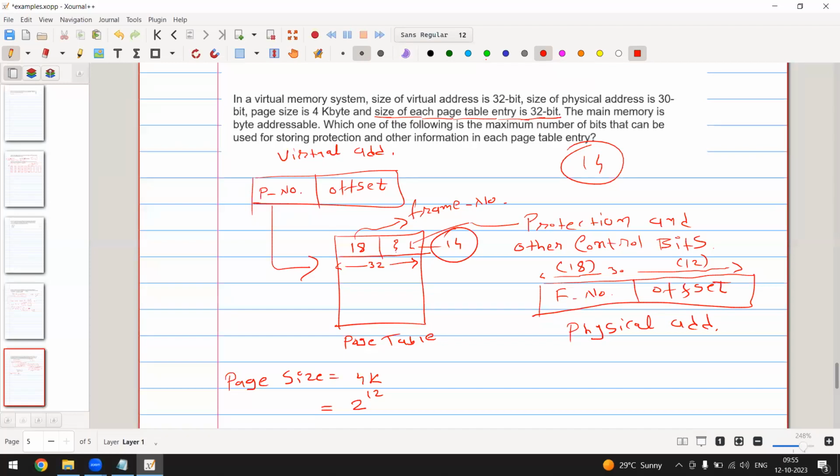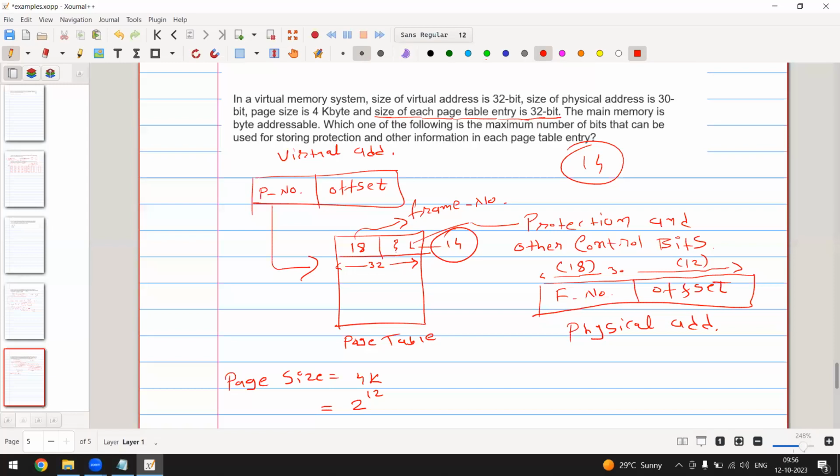Okay. See, this is very simple. What is the purpose of the page table? To store one thing that is essential, the frame number. It has to store the frame number, and whatever bits are remaining, we will use for storing other control information.